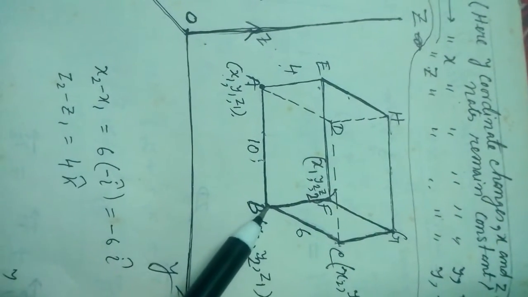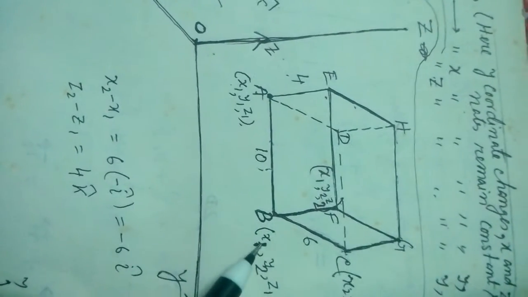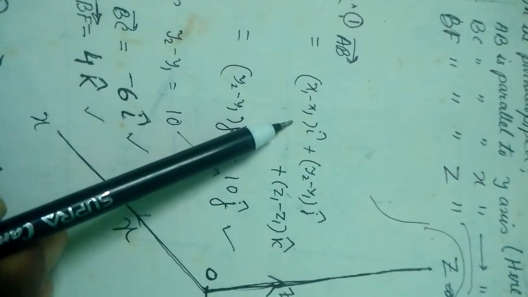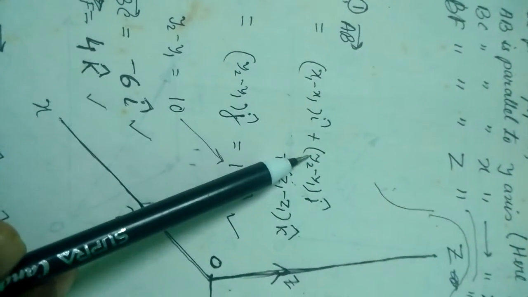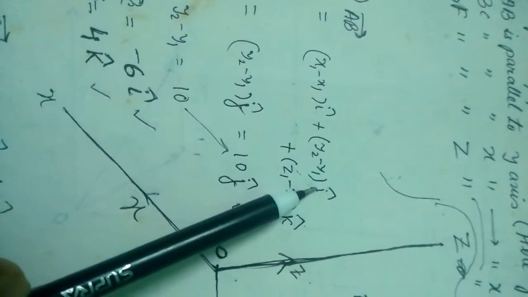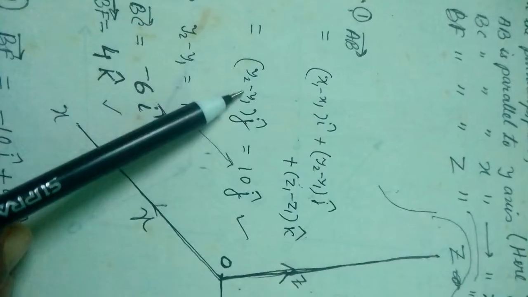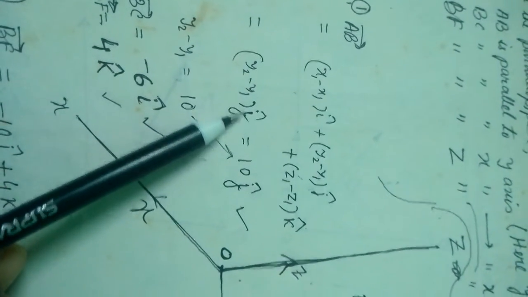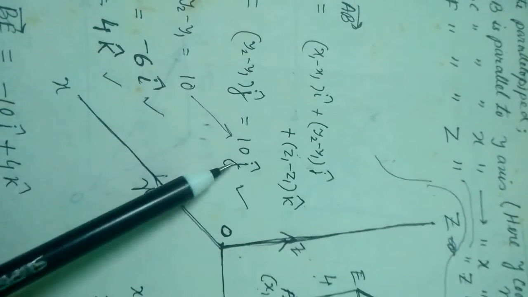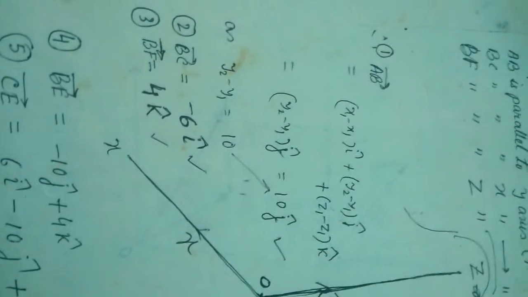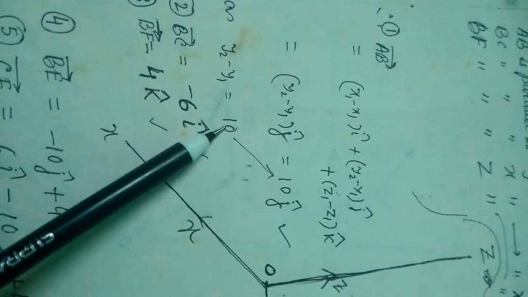It is x1 minus x1 times i, plus y2 minus y1 times j, plus z1 minus z1 times k. The i and k terms are 0, so it will be y2 minus y1 times j, which is equal to 10j, because y2 minus y1 is given as 10.